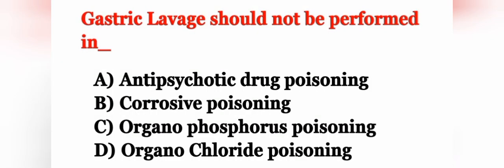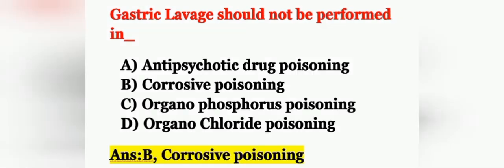The next question, gastric lavage should not be performed in: Option A, antipsychotic drug poisoning. Option B, corrosive poisoning. Option C, organophosphorus poisoning. And option D, organochloride poisoning. Correct answer is option B, corrosive poisoning.